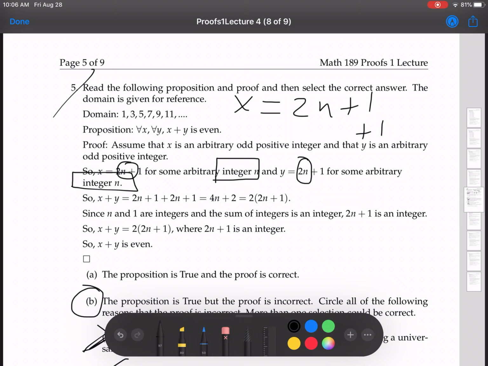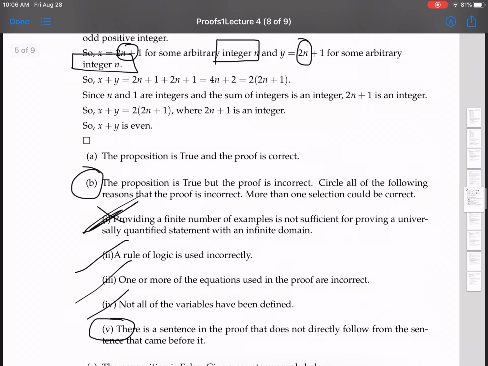So n was defined properly. So that's why it's not that selection either, 4 there.